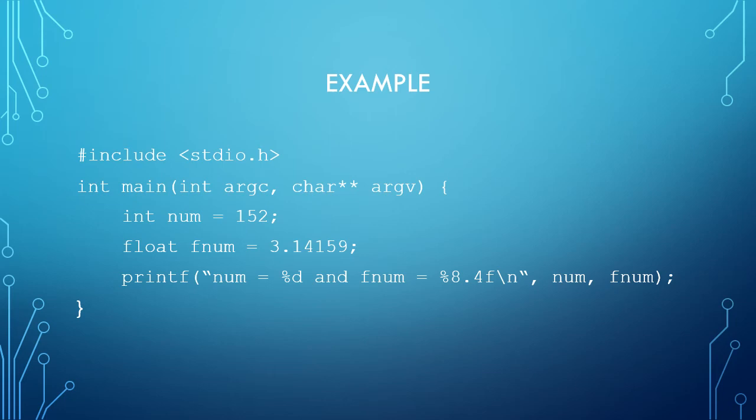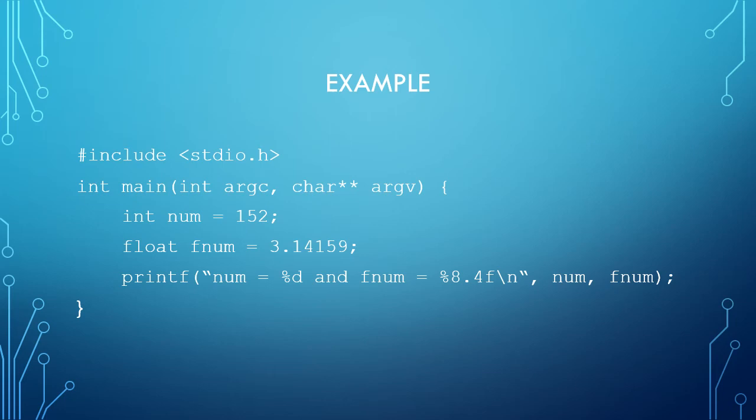So int main is common. You'll notice we didn't return anything, and Java won't allow you to do that, but C is a little less careful with things like that. Also, main has its parameter list, which I talked about before.